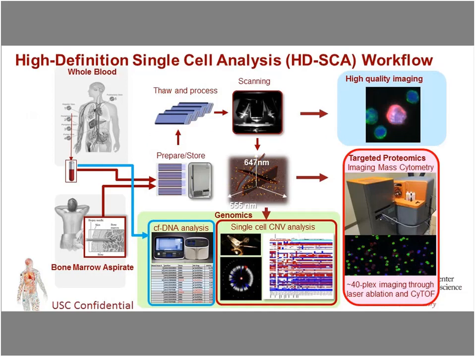Here comes the workflow of our high-definition single-cell analysis platform. Patient blood samples or bone marrow aspirates are collected from clinics, then shipped to our lab, and then processed within 24 hours after the time of draw.